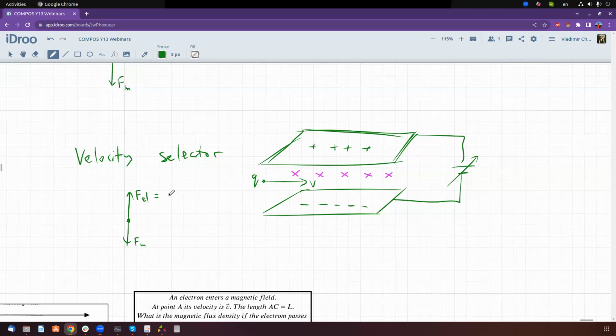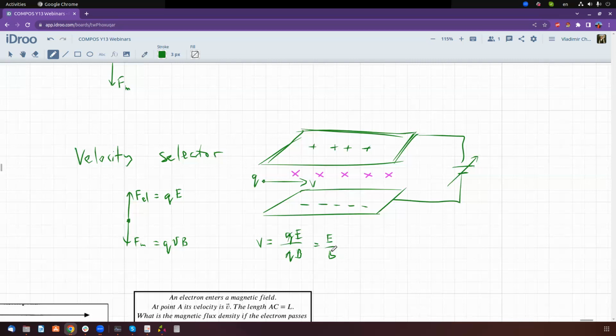The electric force is QE, and the downwards force is QvB. So the velocity is equal to QE divided by QB, Q cancels, so v is E over B.